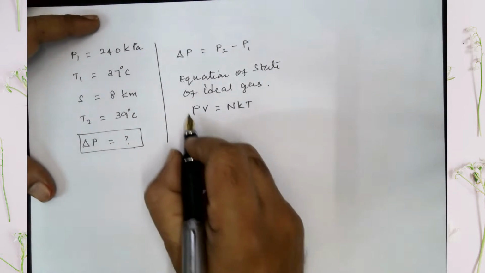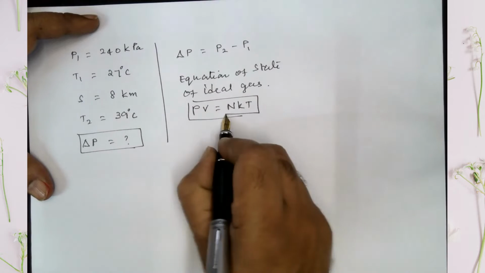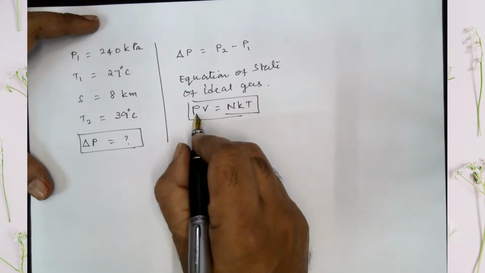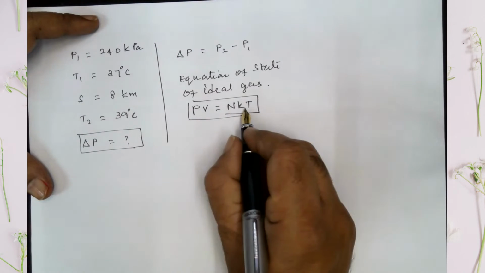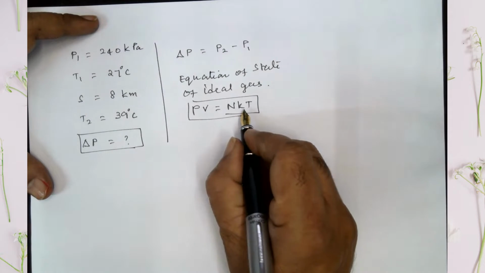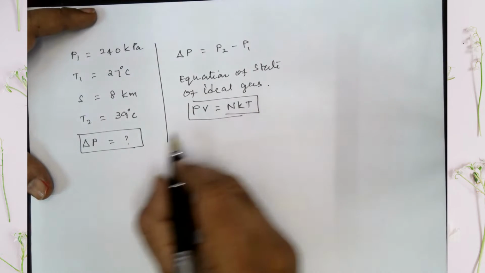Now we have two conditions here. We know P is pressure, V volume, N Avogadro's number, K Boltzmann's constant, and T the temperature.